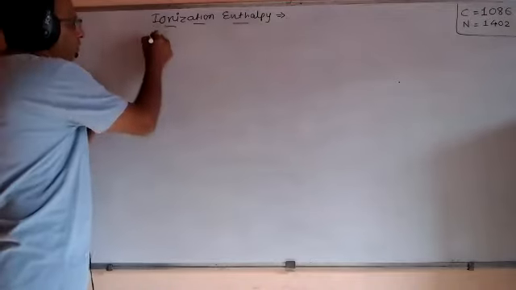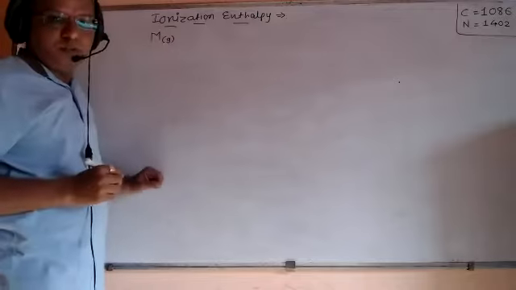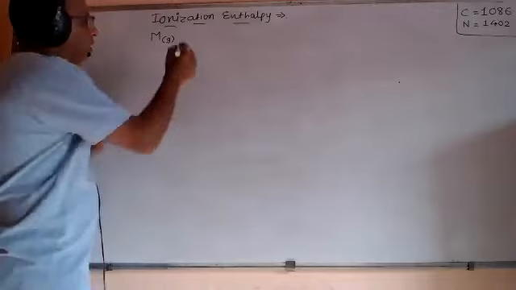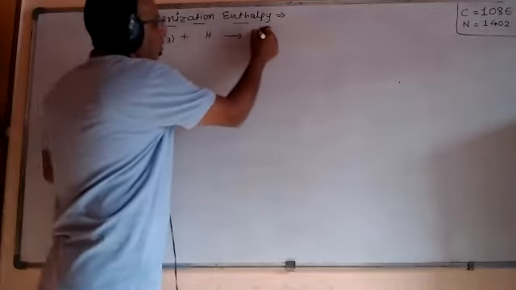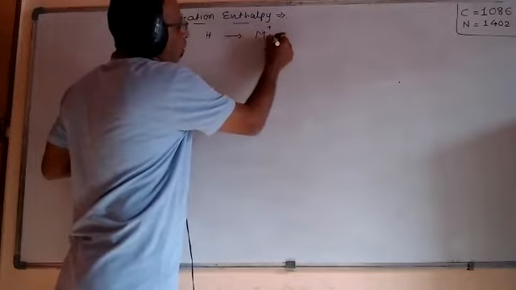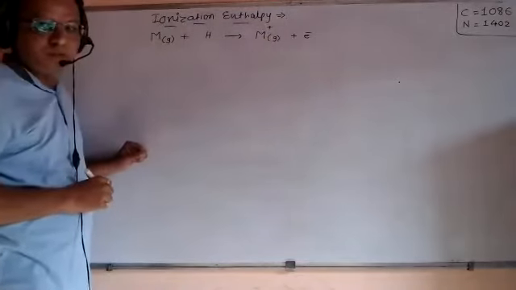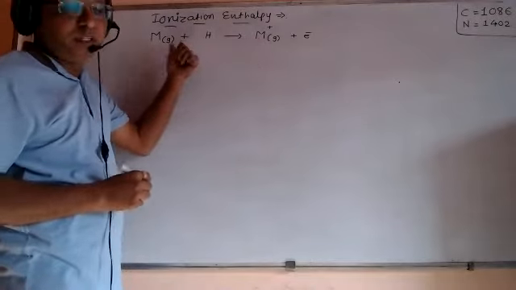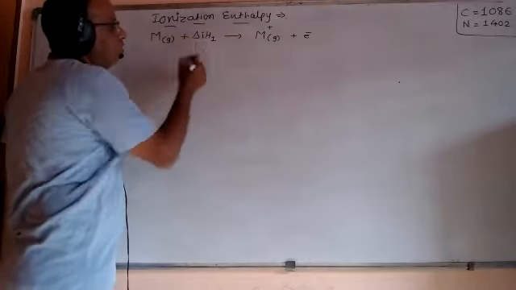So if we write the simple symbol for any element as M or E, here we need to apply some energy to convert it into a positive ion and to remove an electron. When the first electron is removed from this element, it is said to be delta IH1.